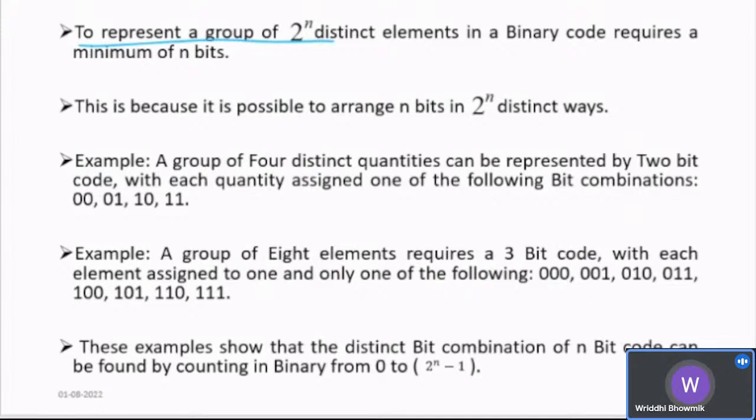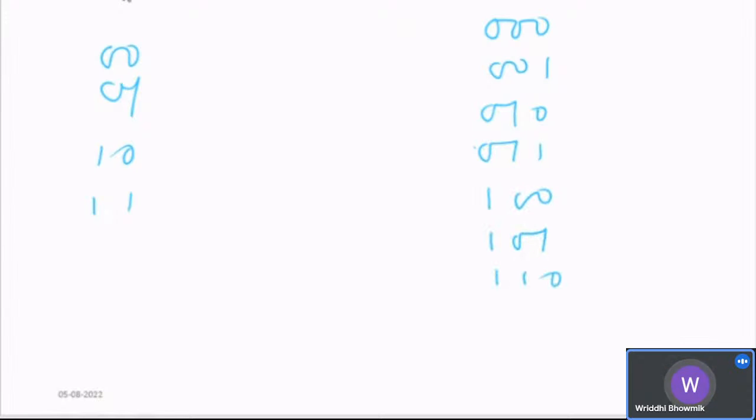Now, to represent a group of 2 to the power n distinct elements in a binary code requires a minimum of n bits. Yes, it is very much true. Suppose you are representing 00, 01, 10, 11, and you are also representing 000, 001, 010, 011, 100, 101, 110, 111. How many symbols are there? Here 4 symbols, and here 8 symbols.